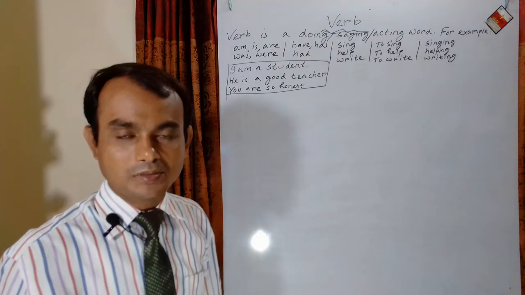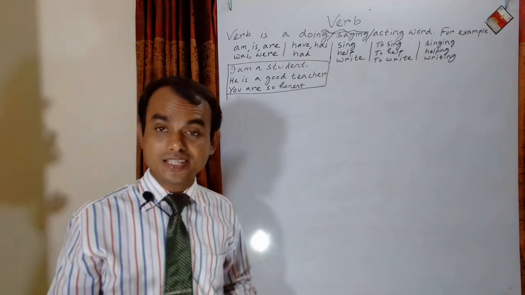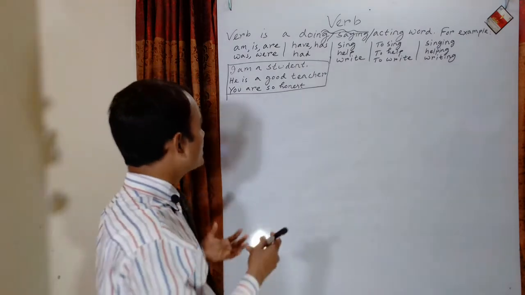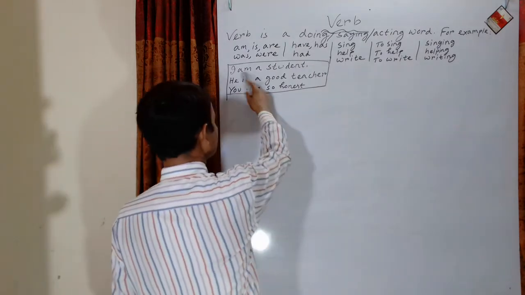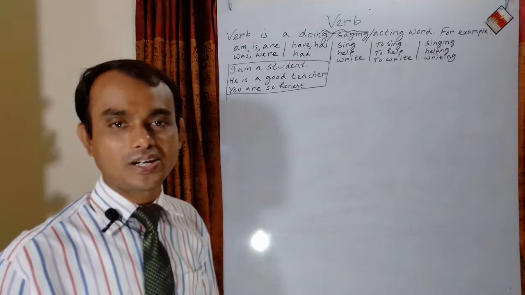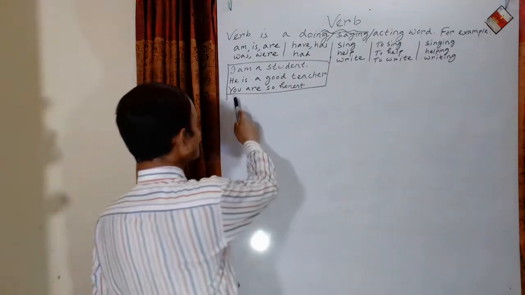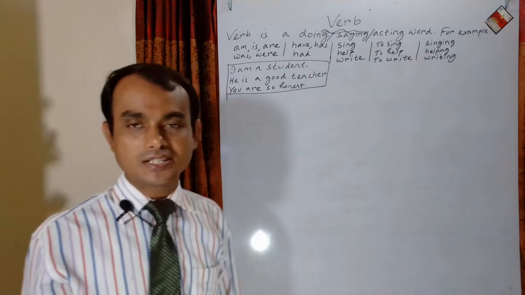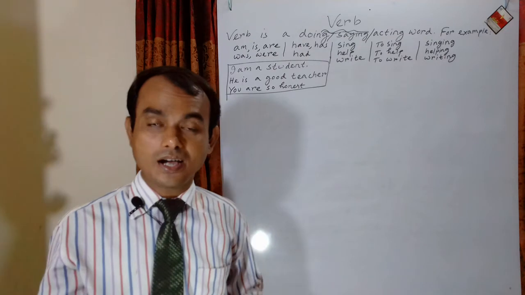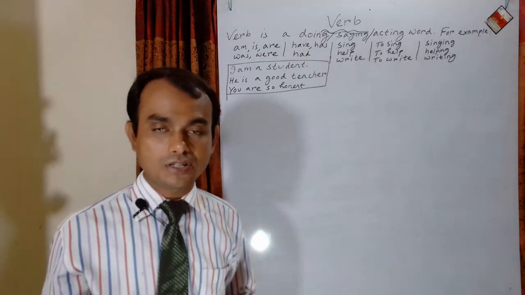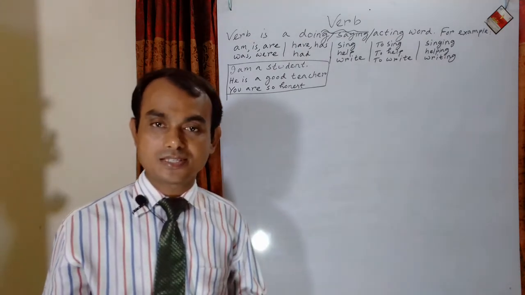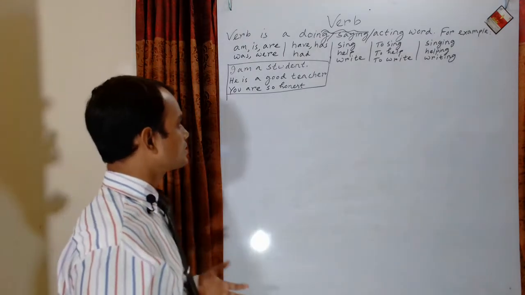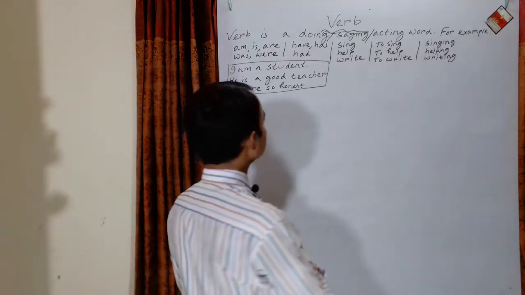Is a verb because the word is saying something or doing something or telling something in this sentence. For this reason, the word is a verb here. Then from the next example, you are so honest. From this sentence we find the word are. Are is a verb because the word are is doing something here. For this reason the word are is a verb.